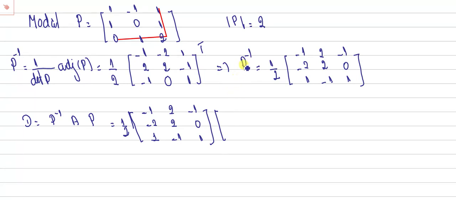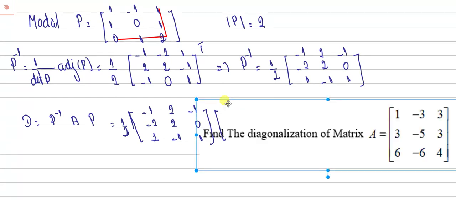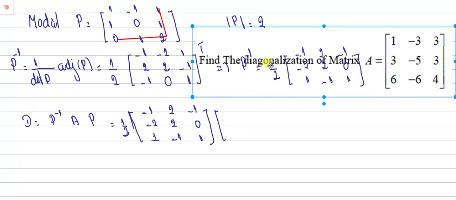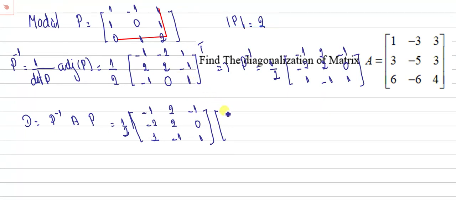So now we write A. Our A, the matrix A. This is matrix A, I just write only A. A is 1, minus 3, 3, 3, minus 5, 3, 6, minus 6 and 4.